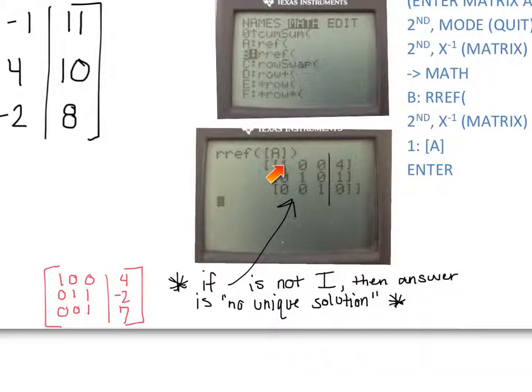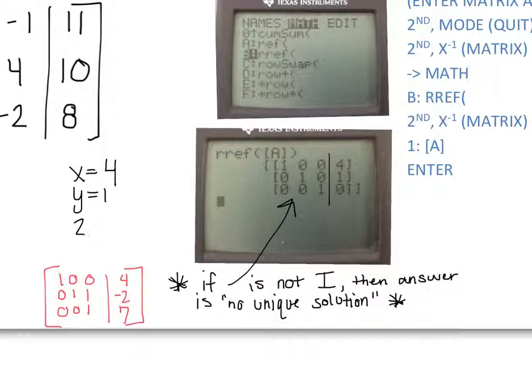What variable went with this first column? X, right? So this is X. Don't have a Y, don't have a Z. So X equals, what does X equal out of that? 4. The next one says that Y equals 1.